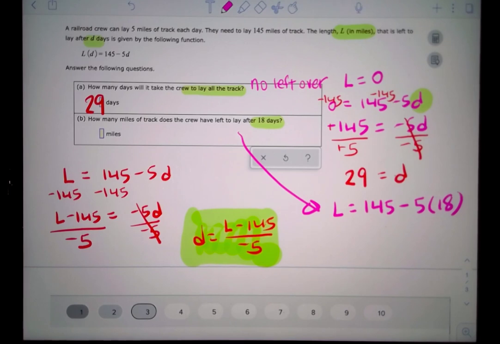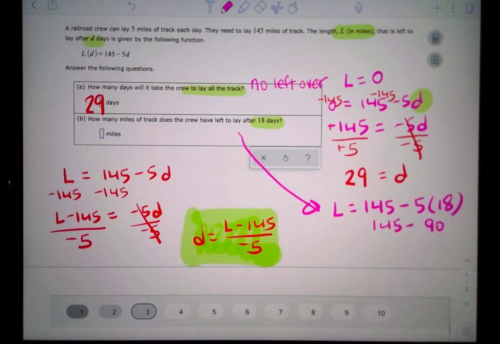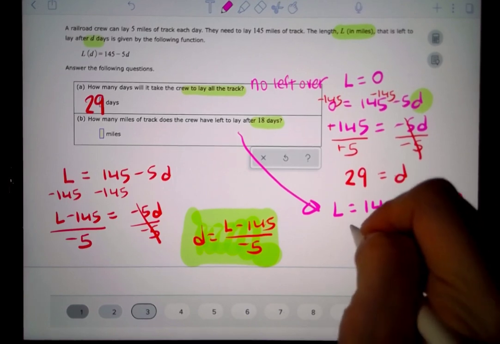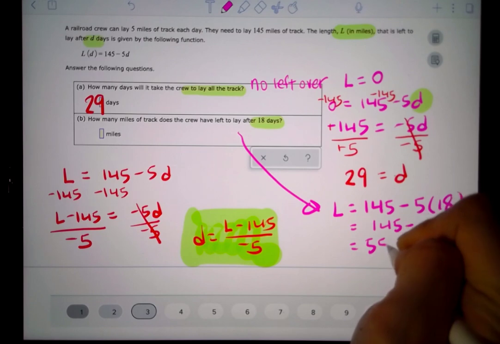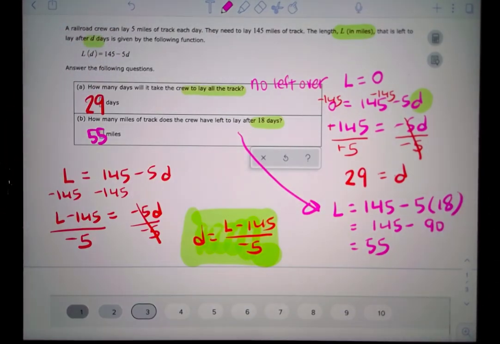So let's calculate it. 5 times 18, then that's 90. So 145 minus 90, 55. So 55 miles left, like this.